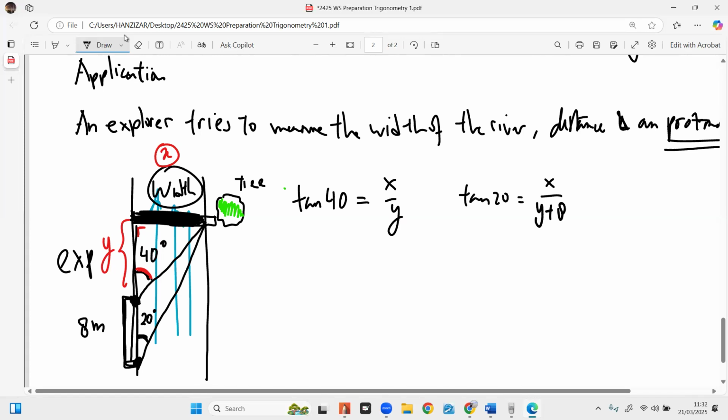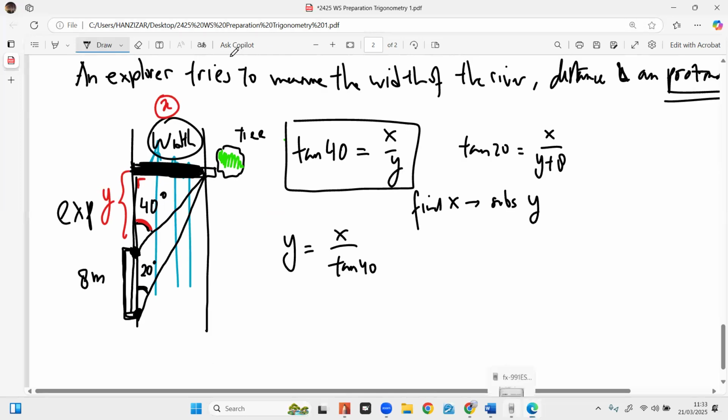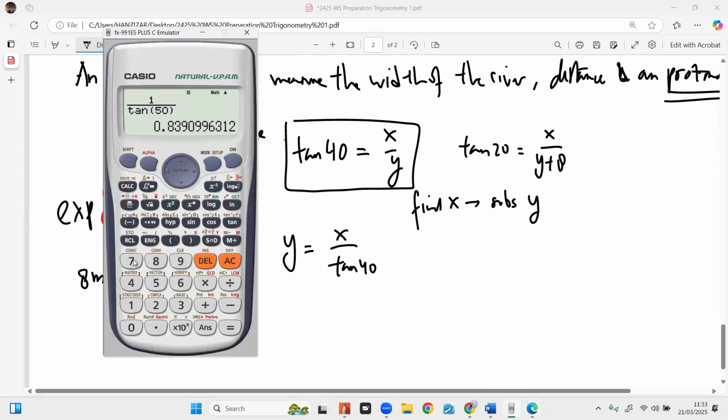In order to find x, what do you have to substitute? Yep, substitute y. So we cross multiply: y equals x over tan 40. Remember, Cisco? 1 over tan 40, not tan 40 itself. Cisco, you get it? Hello, Cisco. You get it? 1 over tan 40. I'm asking, I'm not judging.